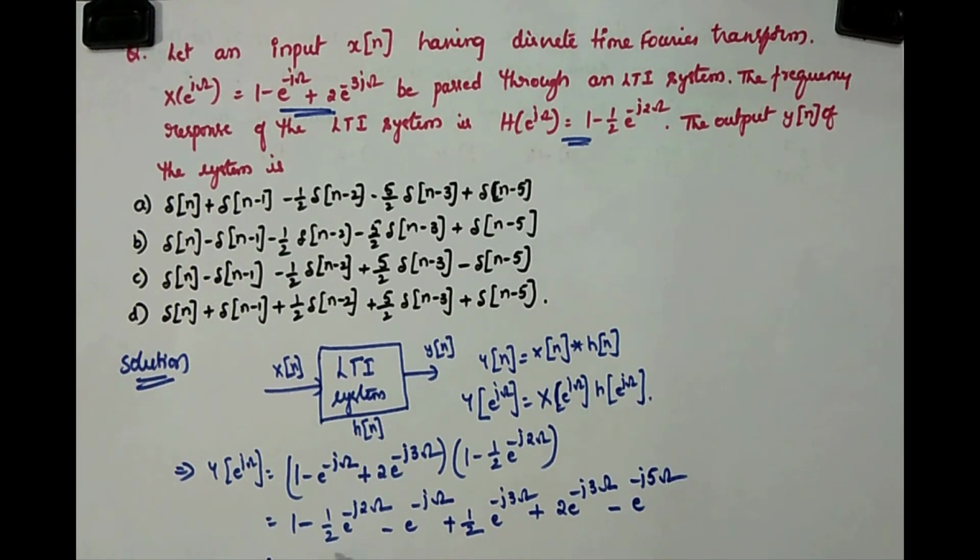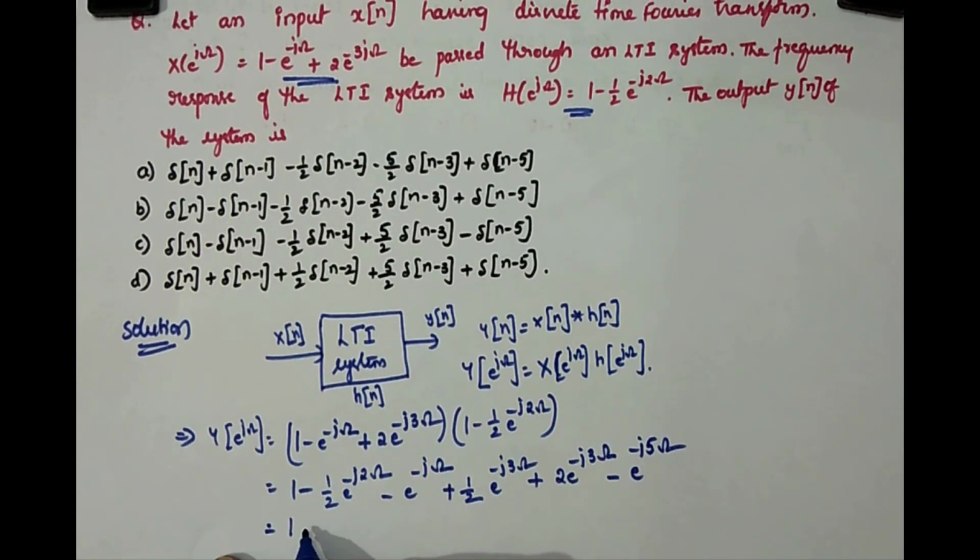So if you solve this, you'll get 1, then the e^{−jω} term, then the −(1/2)e^{−j2ω} term. Then here (1/2)e^{−j3ω} plus 2e^{−j3ω}.